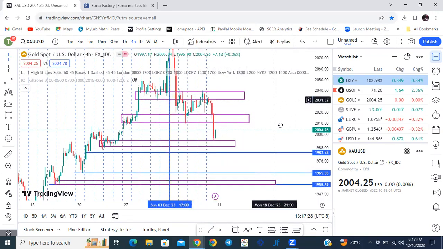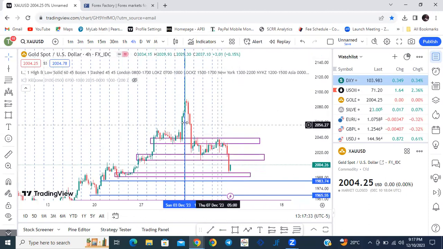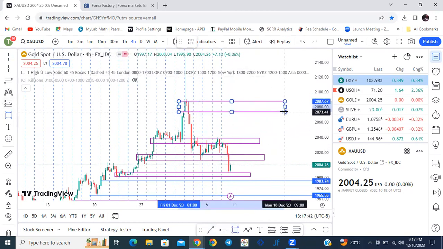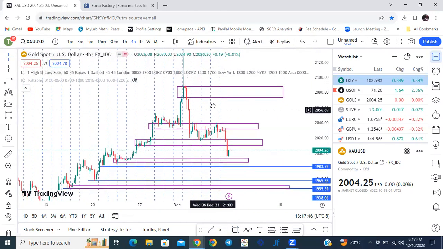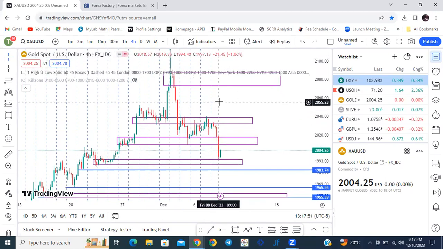And if again this level of resistance here is broken, then we might anticipate the price going all the way to around 2073, 2087. That is on the upside. But like I said, my bias is on the bearishness, unless the trend changes, we have a break of structure, and now we shall be looking for bullishness.